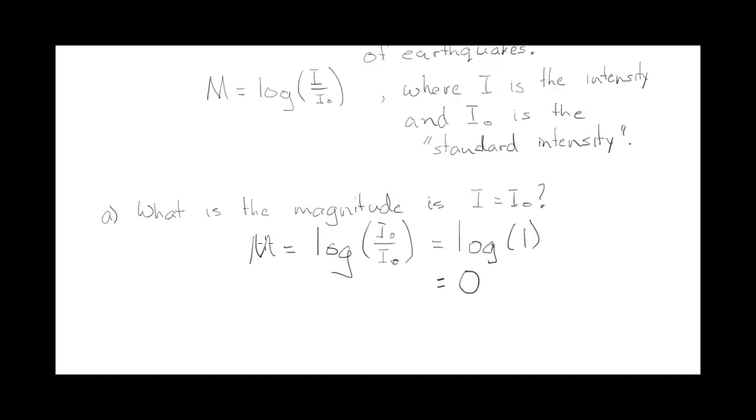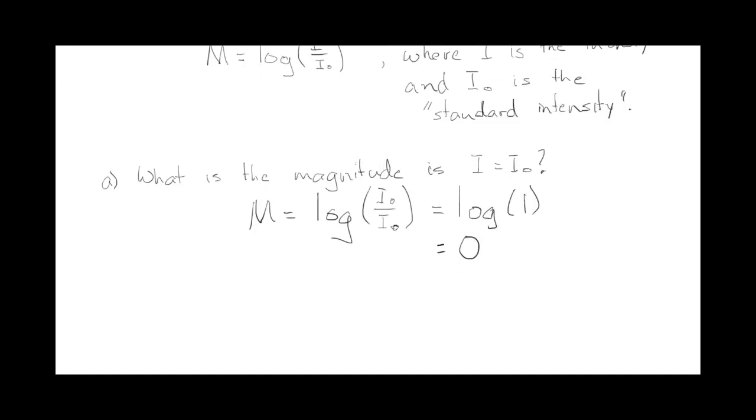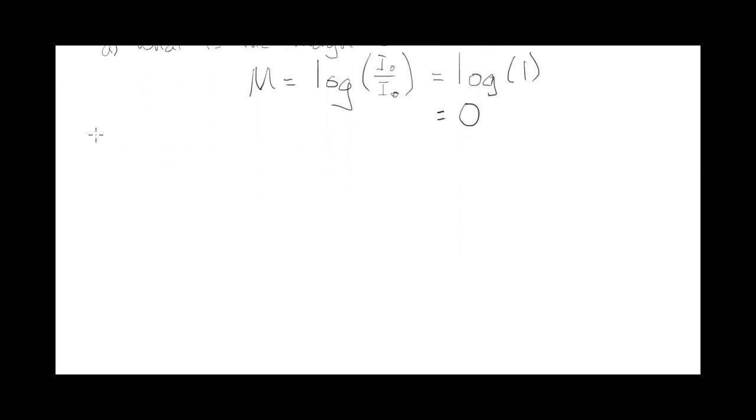So the Richter scale magnitude right now, if you're somewhere where the intensity that you're currently experiencing is I naught, would be a magnitude of 0, which makes sense because that's no earthquake. There isn't an earthquake presently happening. So we're experiencing a 0 magnitude right now.